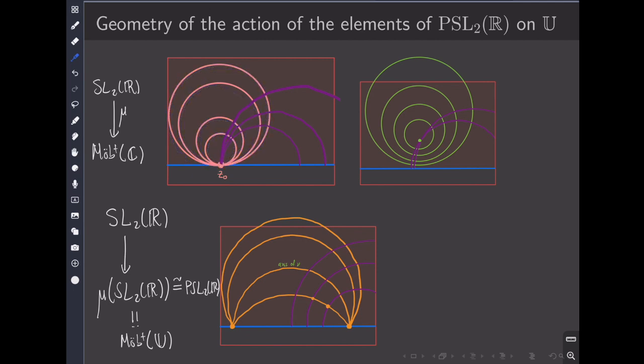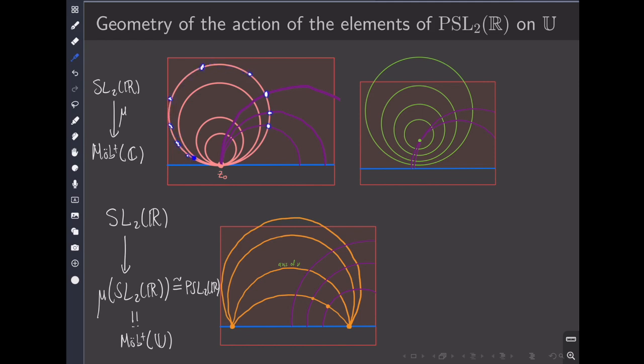And actually, because of conformality, if you take one of these semicircles orthogonal to R bar, the image of each of them is another one of them. So at least according to the way I'm drawing things, my parabolic transformation is behaving in a counterclockwise sense, and the image of this one is this one, and then again, and again, and so on.